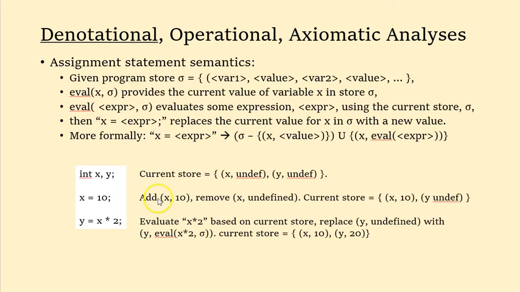Then we say x equals 10, so we remove x undefined and we add x10 to the store. Then we say y equals x times 2, evaluate x times 2 based on the current store. And so we replace y undefined with y, evaluate x times 2 with the current store. And so now our current store is x10, y20, and you can go through and do this for every line in the program.